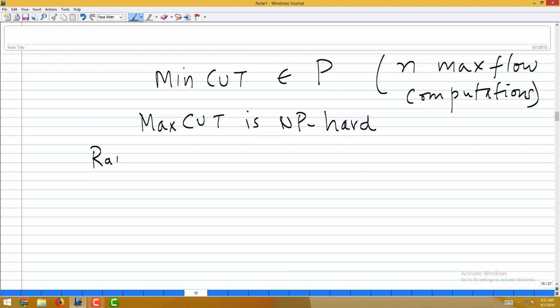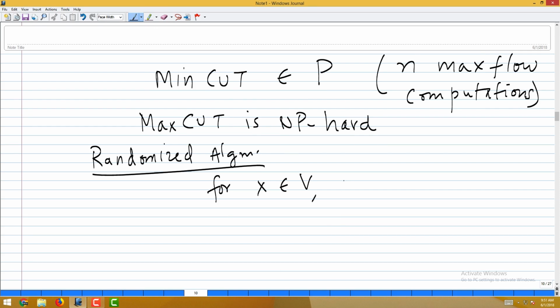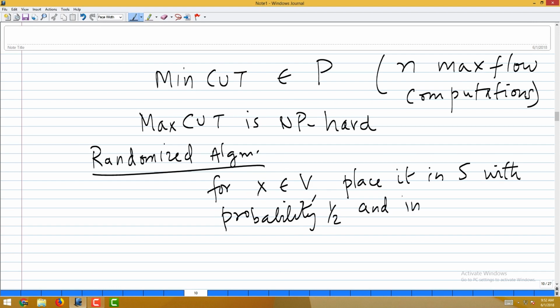So, here is a randomized algorithm: for x in V, place it in S with probability half, and in S bar otherwise.